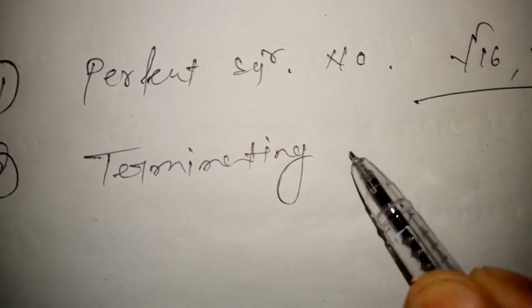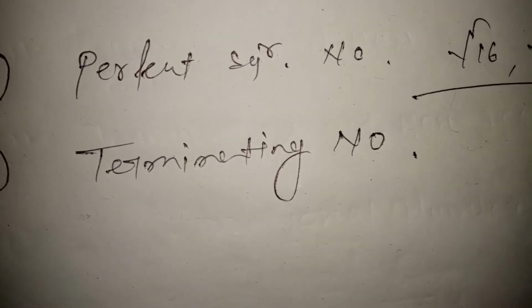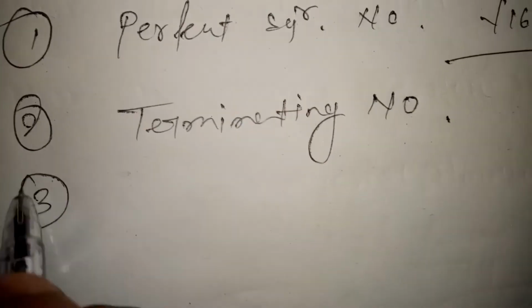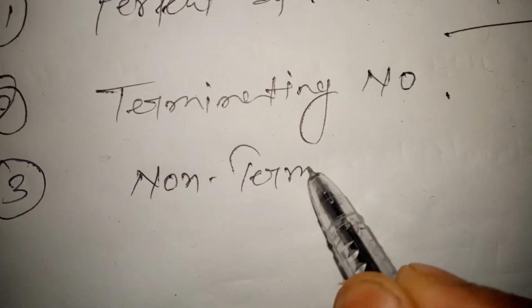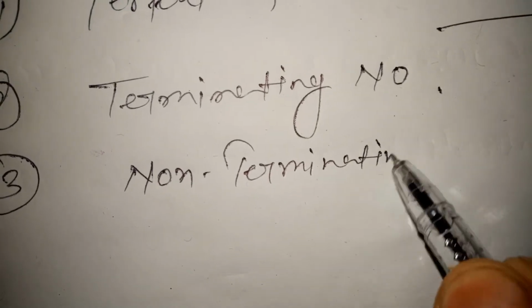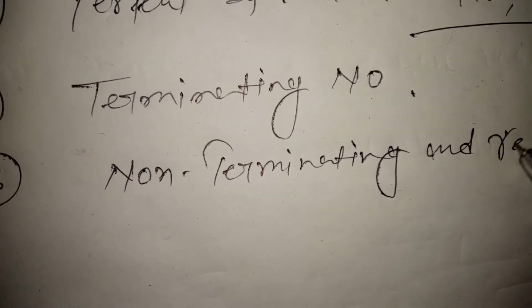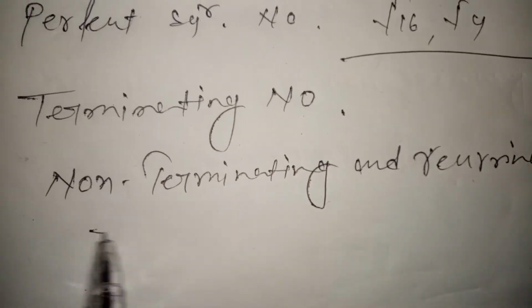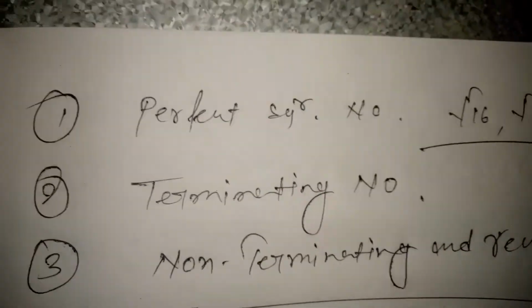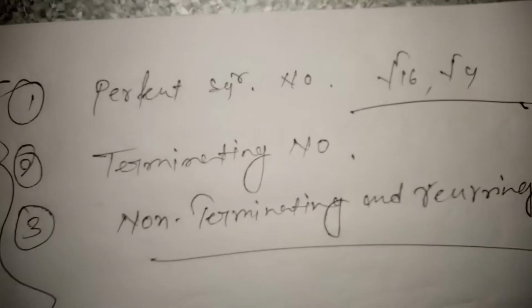That means after dividing, the answer should be terminating. Number 3, if it is non-terminating, sometimes it may happen that it is non-terminating, then it should be recurring. Then only it will be called a rational number.